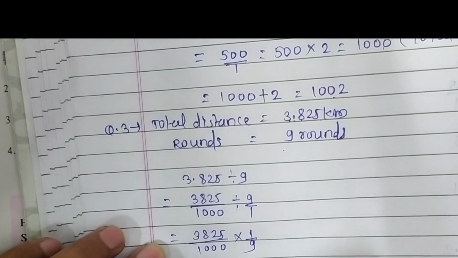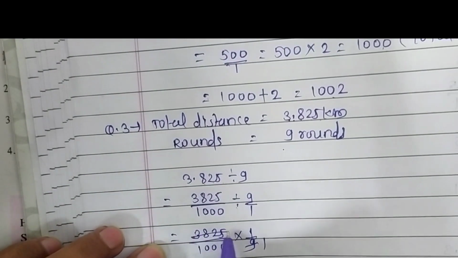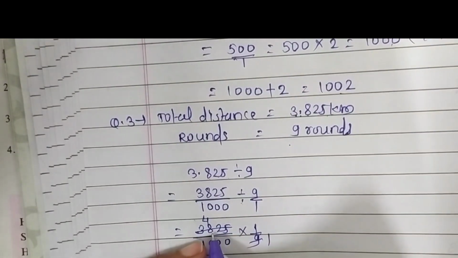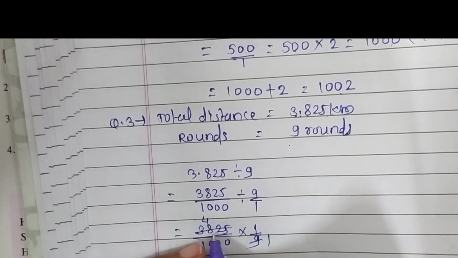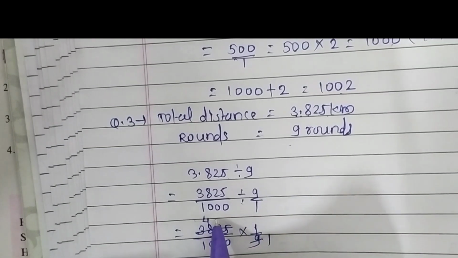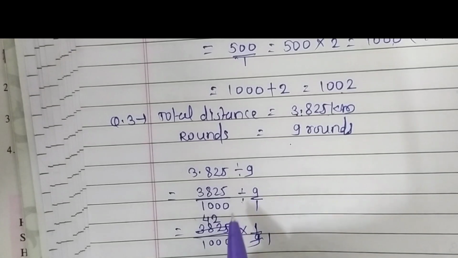So let's divide: 9 ones are 9, 9 fours are 36, then 2 remains, so the number is 22, and 9 twos are 18.